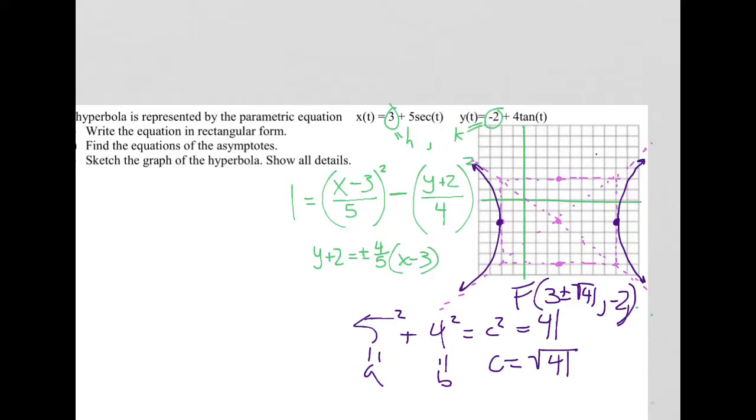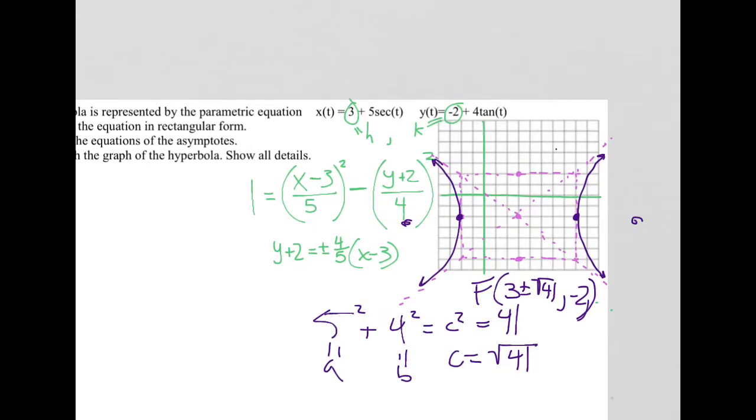Think about the two squares on either side of 41 that you know. 7 squared is 49, 6 squared is 36, so it's somewhere in the middle. So that value has to be somewhere between 6 and 7, which means we're going to be way out there, kind of way over here. So let's go ahead and call that done.